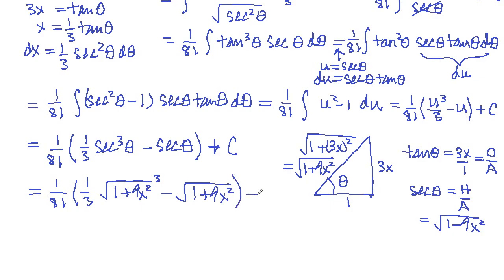Close up our parentheses, plus constant. If you wanted to, you could write that as 1 plus 9x squared to the third power under a square root, so the 3/2 power. Those two are equivalent. And we got it.